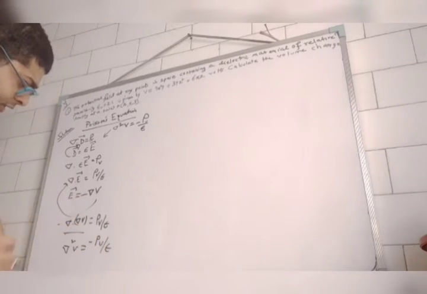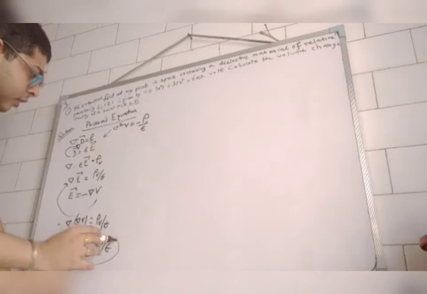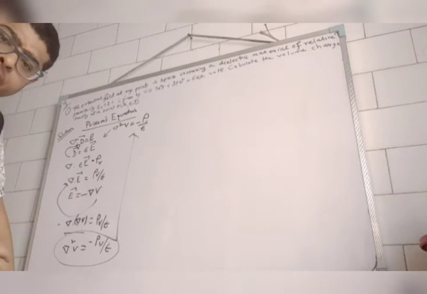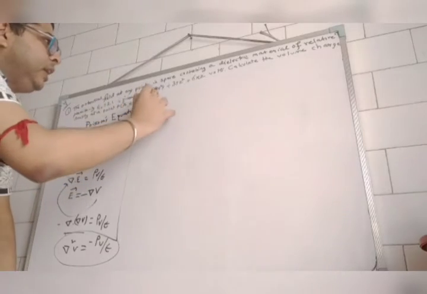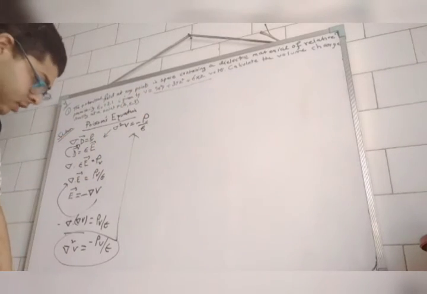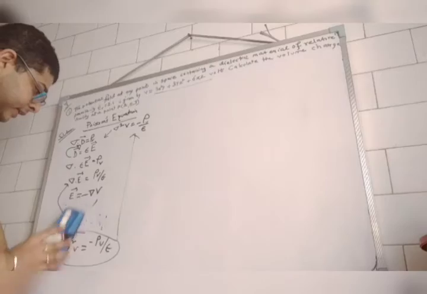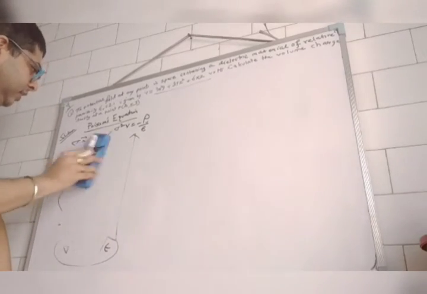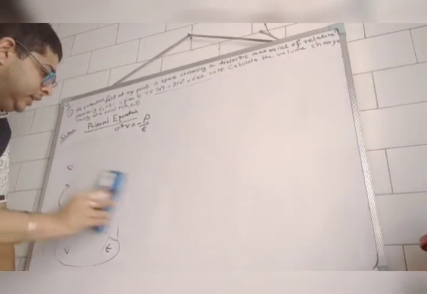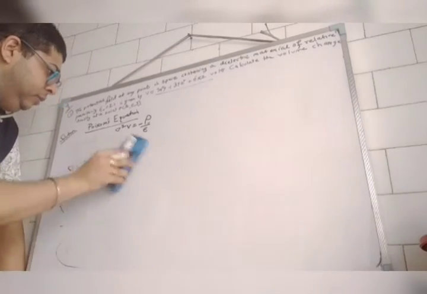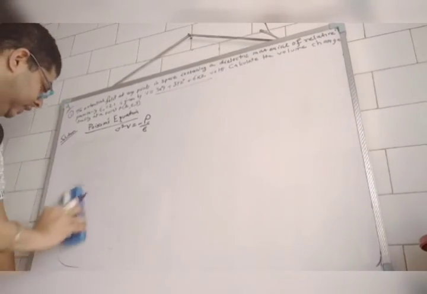So this is basically Poisson's equation, and since the potential is given, I will apply this equation here. With the help of this equation, we will calculate the volume charge density.